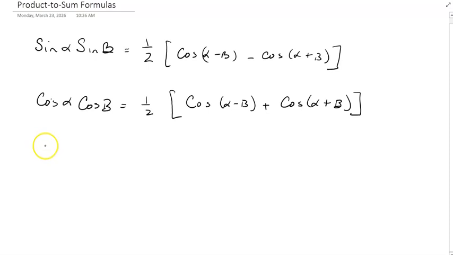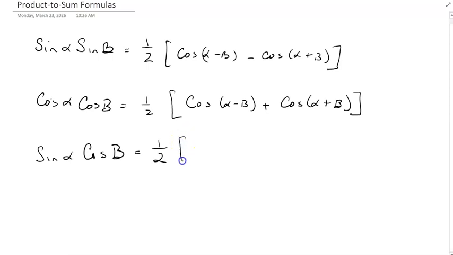So let's continue. What if I had sine alpha cosine beta? Well, as you can imagine, if you think back to your sum and difference formulas, only sine gives you products of sine and cosine.